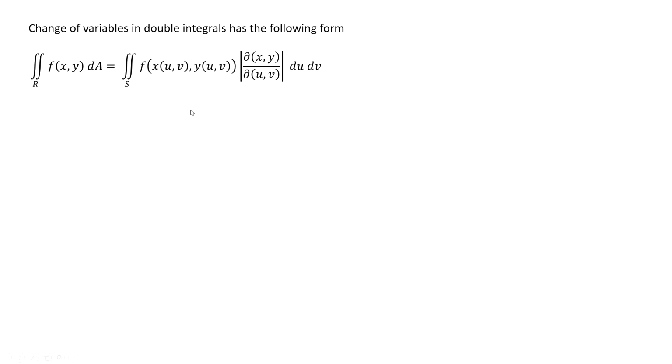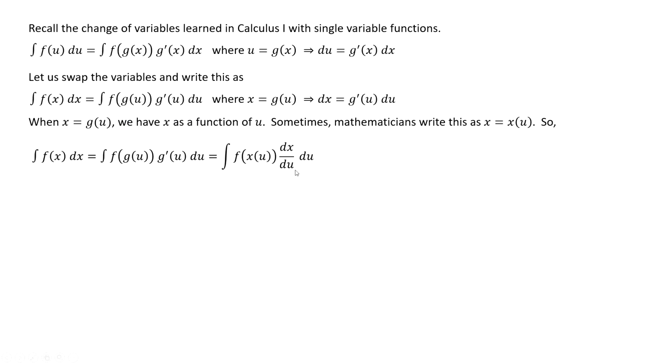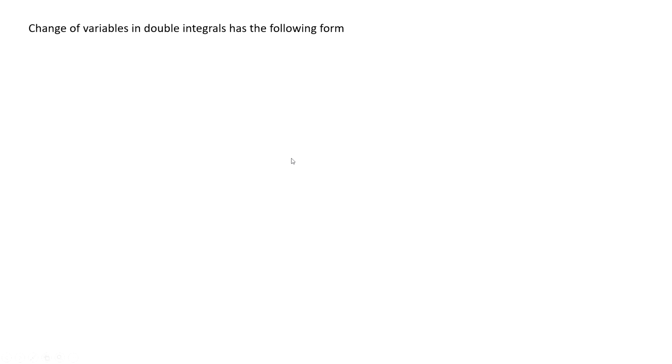And just as we had dx du here, the equivalent version in a multivariable thing is a bit more complicated. Instead of a simple dx du, we end up having an absolute value of the partial of x comma y with respect to u comma v.